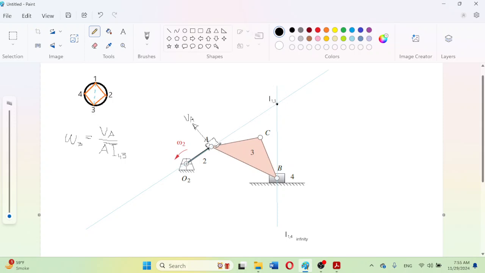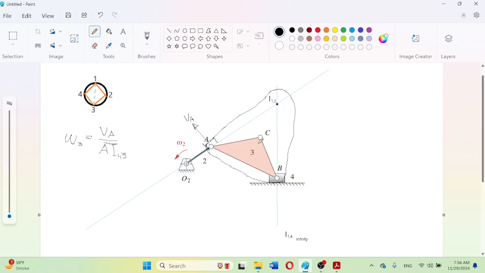So actually this is an extended link. I can draw here, just to give you a visualization, that this is somewhat of an extended body, and this is the center of rotation of this body, which I have enclosed in this black color line. So in this way, this link ABC, which is link number 3, is in pure rotation about instant center I1,3.